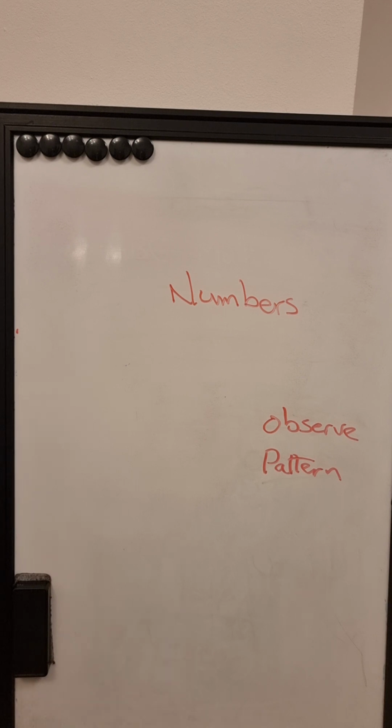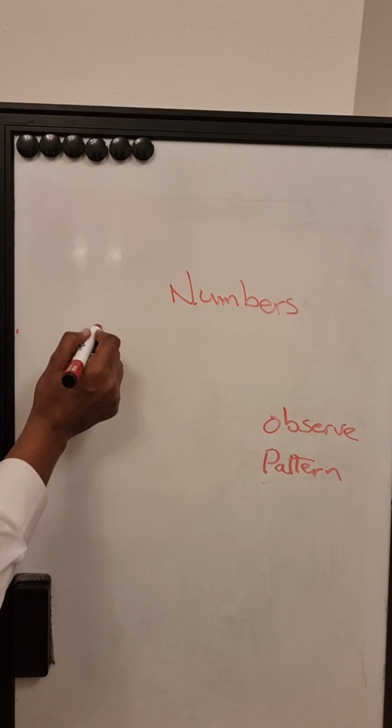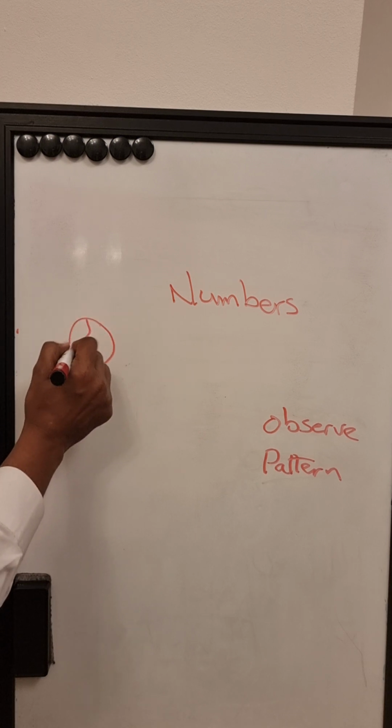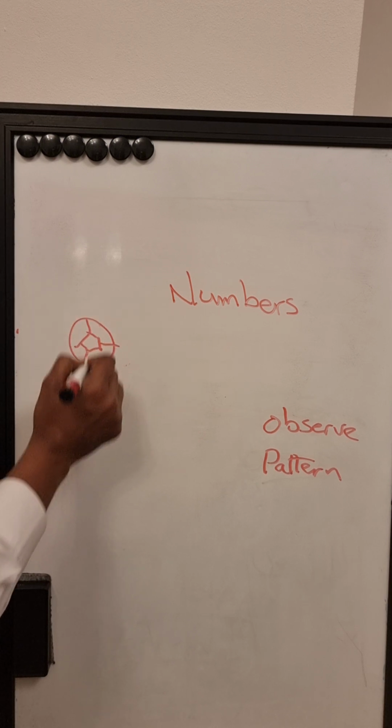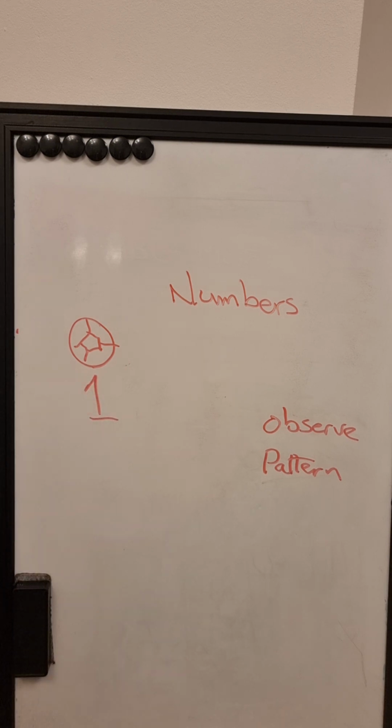If you go way back to your first counting book, on the very first page you see a drawing of, for example, a ball, and you get the number 1 beside it.